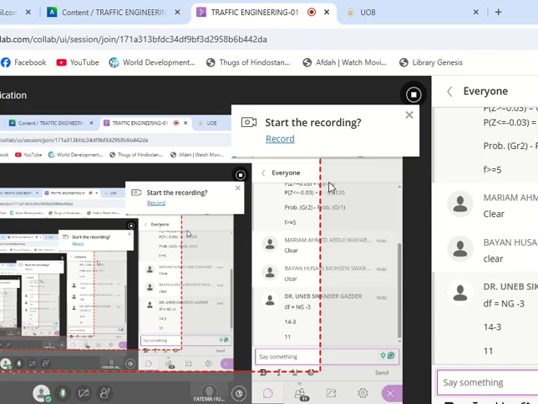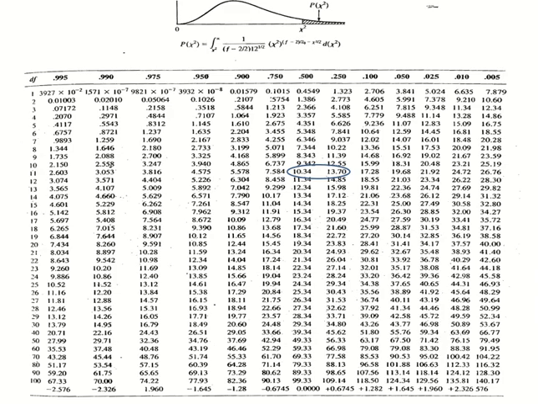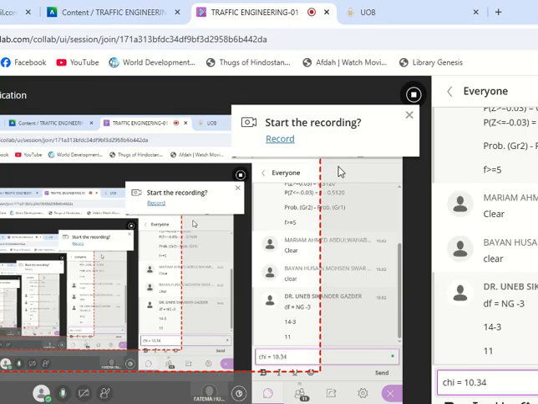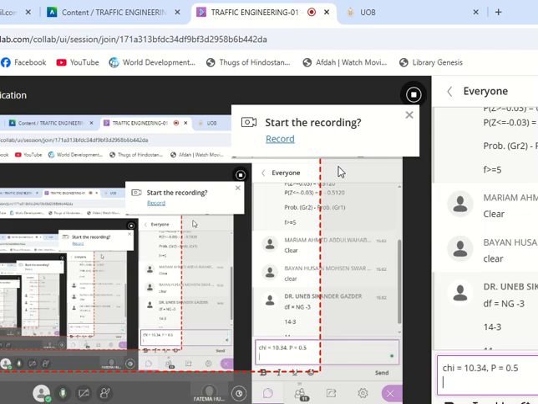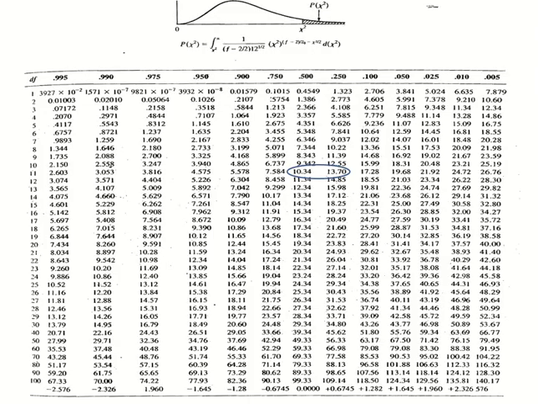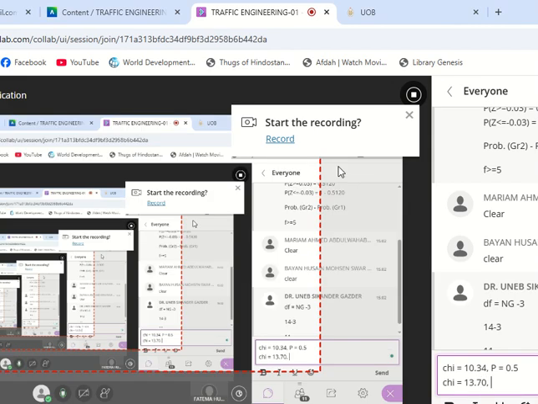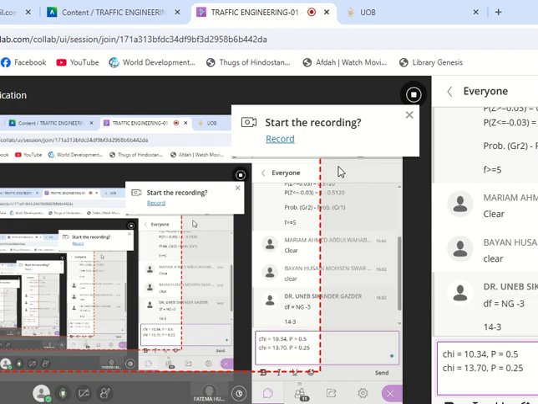So when chi is 10.34, the probability is 0.5. Chi is 13.70, P is 0.25.